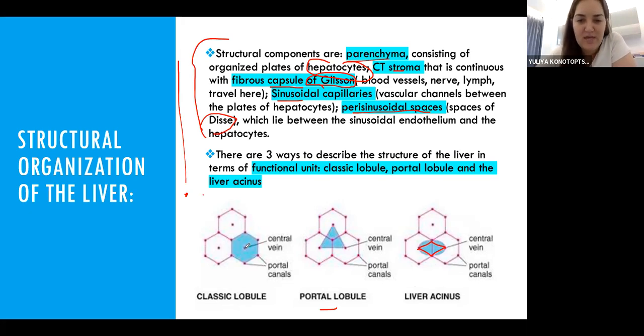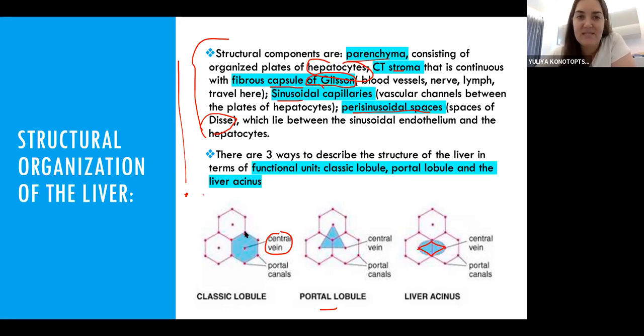So first of all, in the center of your hexagonal lobule, you have a vein. This is called the central vein. In the periphery, where the dots are, you have portal triads. What is a portal triad?